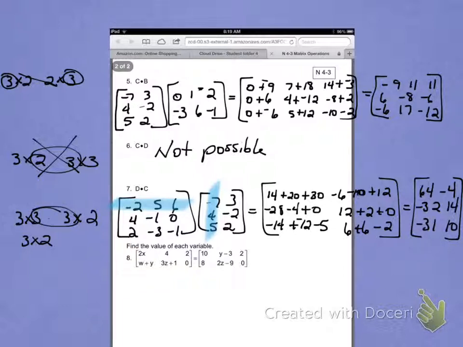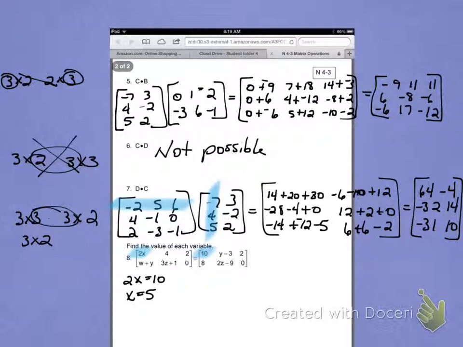Okay. Now here's another type of problem where you have variables. Again, they're equivalent matrices because of the equal sign, and so the corresponding values have to be equal. This 2x, because they're in the first spot, notice the dimensions are the same, so those elements in the same spot have to be equal. So 2x equals 10, so my x is 5.